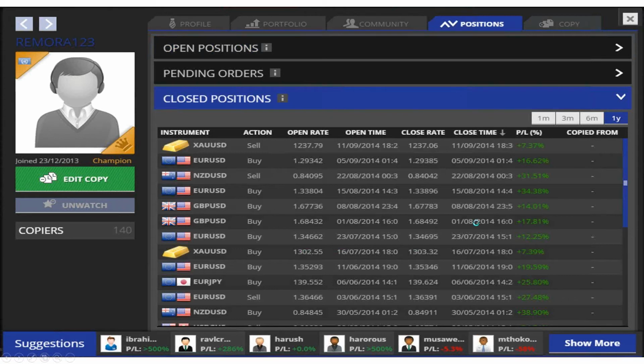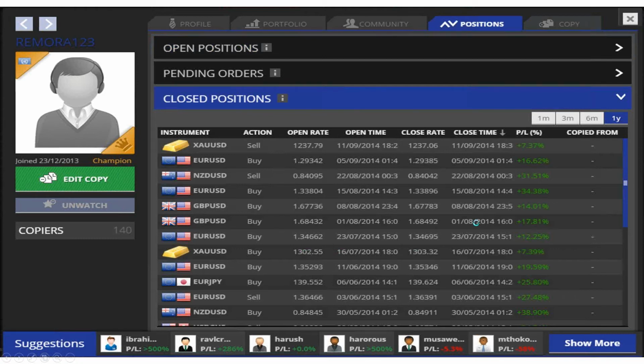So we could make Remora maybe our euro dollar trader and our gold trader. If I was to pick another trader from the system, I wouldn't want somebody who was exposed to this extent on gold.